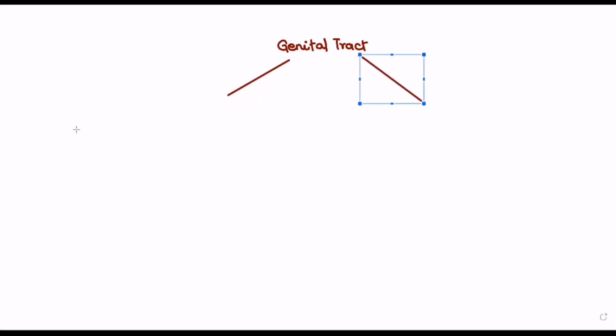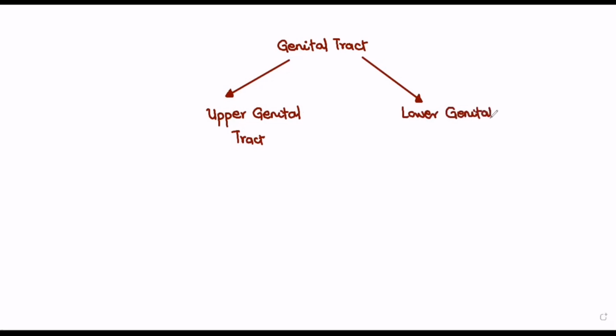So the female genital tract can be divided into an upper genital tract and then a lower genital tract. I'm not sure we can finish this entire thing because it's very broad, so I'll just give you an overview. Then, God willing, tomorrow we will continue because I'm very sure some of you are tired. Is that okay?